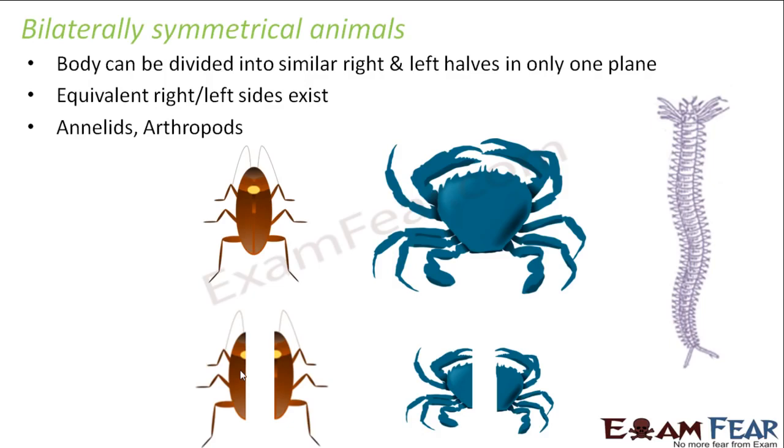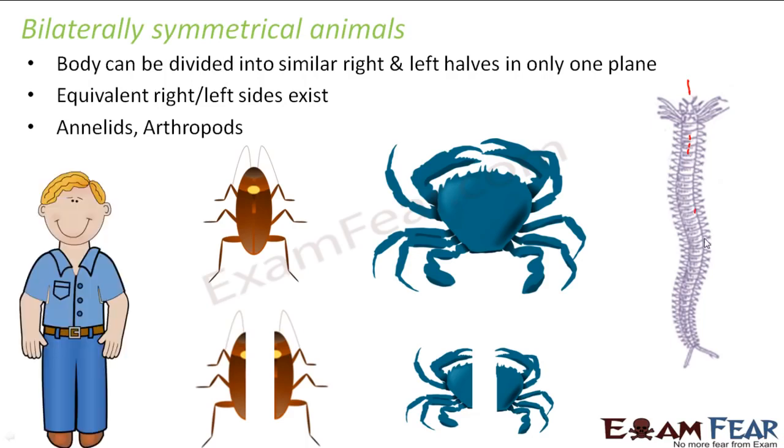You talk about annelids like this earthworm. If you divide it along this axis, you will be able to divide it into two equal halves. You talk about human beings, same story repeats. The right and the left halves are equivalent to each other. That is why they are also bilaterally symmetrical.